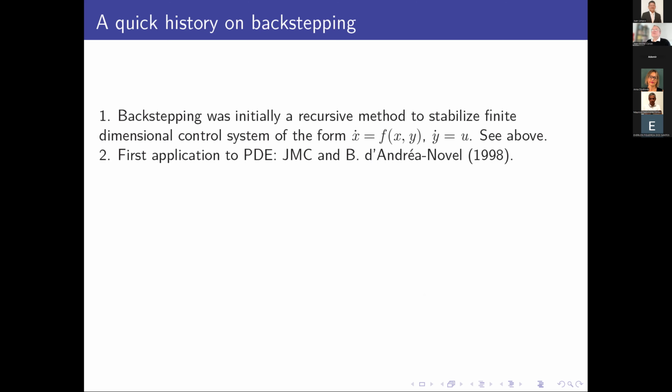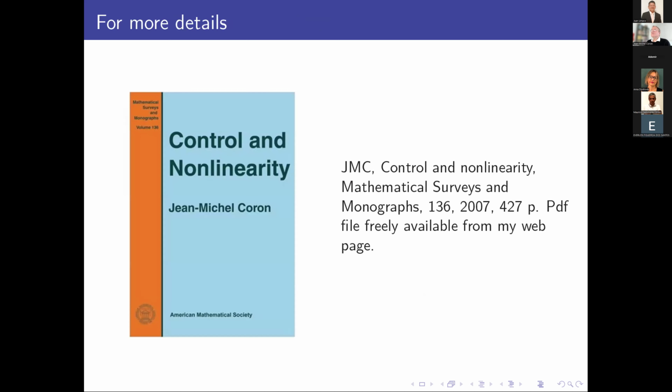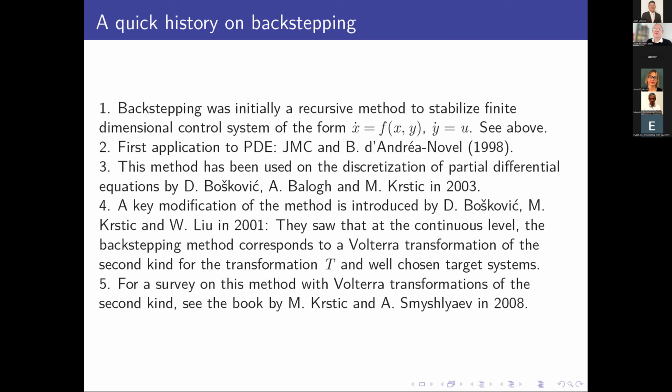And there is some application to PDE, but what is very important for us is the generalization of this type of method for the heat equation. You consider some heat equation, you do some discretization, you have a system for which you can use this backstepping approach, and then you go back.